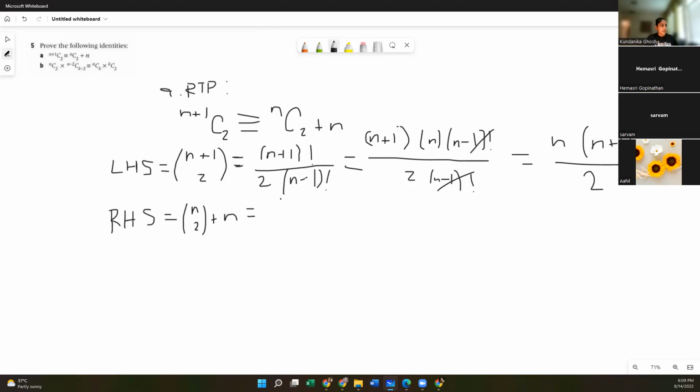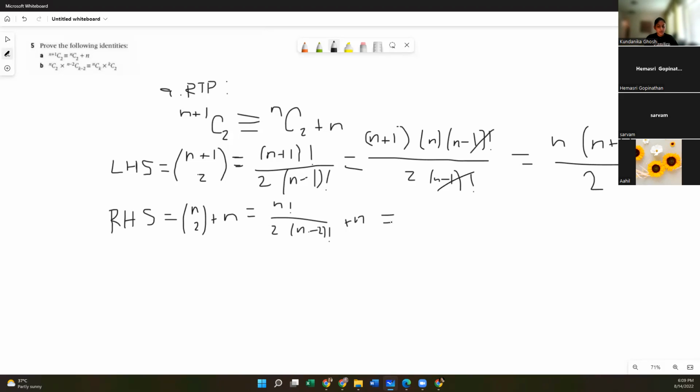So that's going to equal n factorial over 2 times n minus 1 n minus 2 factorial, plus n.